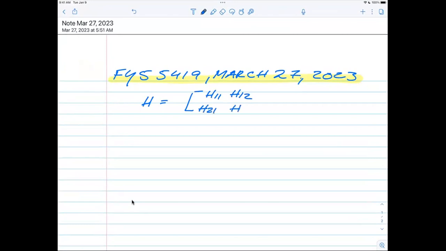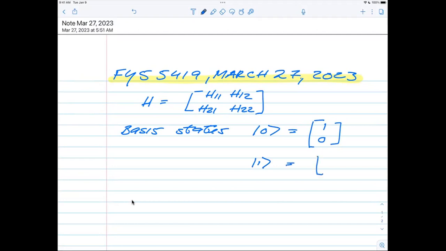It's a symmetric matrix, so H12 is equal to H21. And we have 2 computational basis states. These basis states are 0, which we have previously defined as (1, 0), and then we have the other state, which is (0, 1). So these are the 2 computational basis states.